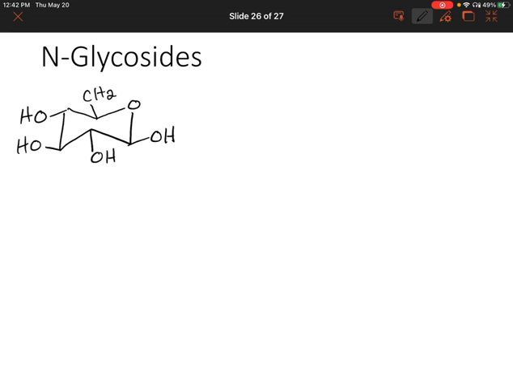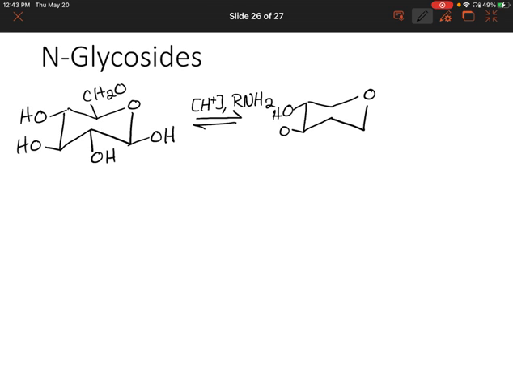It was a couple weeks ago, I believe, but if you react this with acid and a primary amine, for example, you can create something called an N-glycoside. Now, N-glycosides are the starting point for the building blocks of RNA and DNA. So notice that we just switched this OH group here with an amine group.